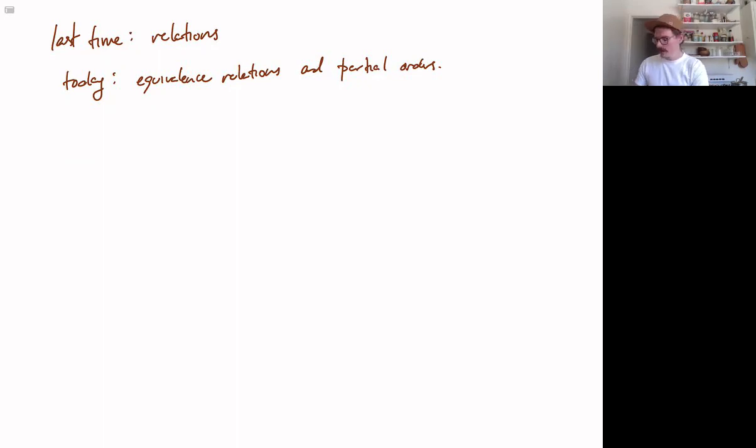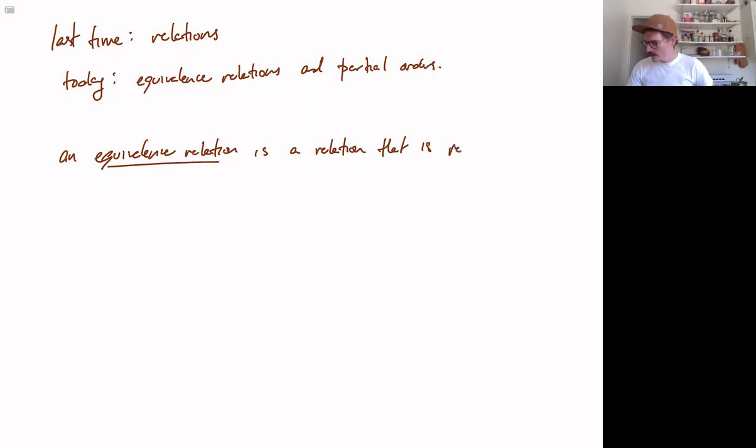So let's start with equivalence relations. An equivalence relation is a relation that satisfies a number of the properties we talked about yesterday. In particular, it is a relation that is reflexive, symmetric, and transitive.